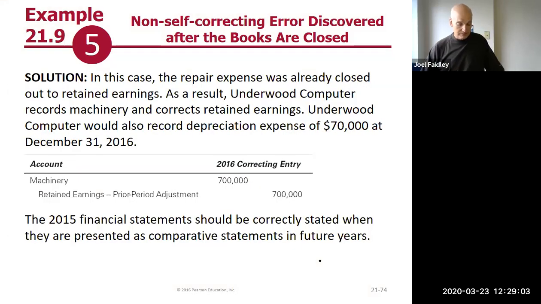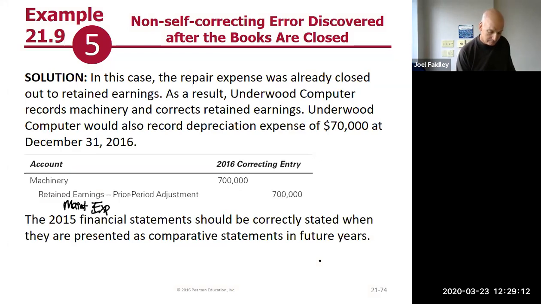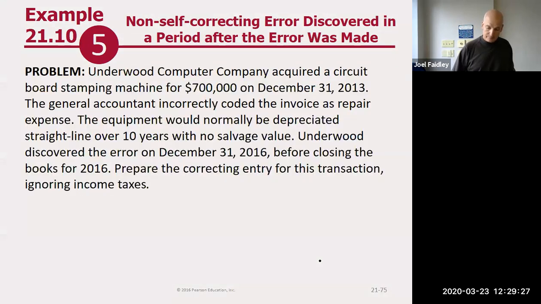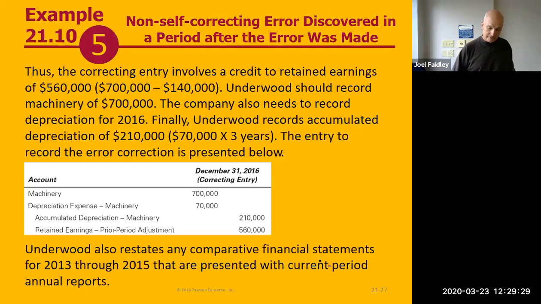But because the books are closed, we can't use maintenance expense. We've got to go against retained earnings, which is going to boost our retained earnings. We're taking out a maintenance expense, putting it to property, plant, and equipment, and then depreciating it. And then we need to do the depreciation also, don't we? Well, they skipped that part.